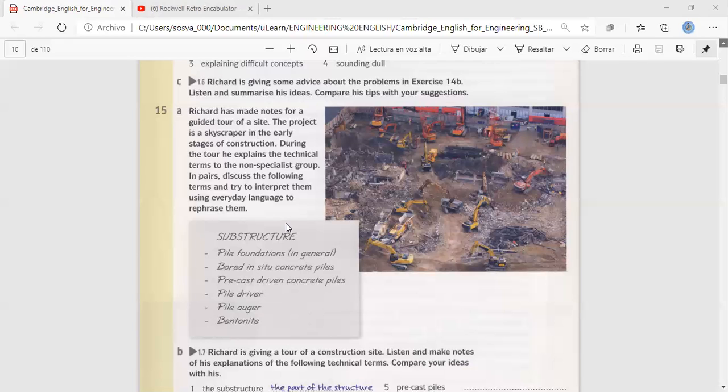Well, I think the solution in this case is to use the base terms, illustrating with drawings and explaining the function. The pile foundation in general is a base, a base of concrete.